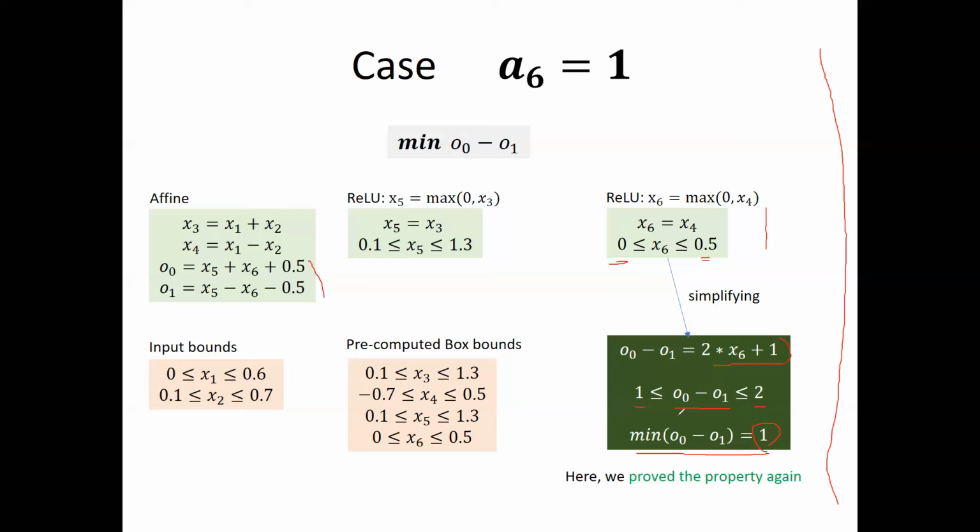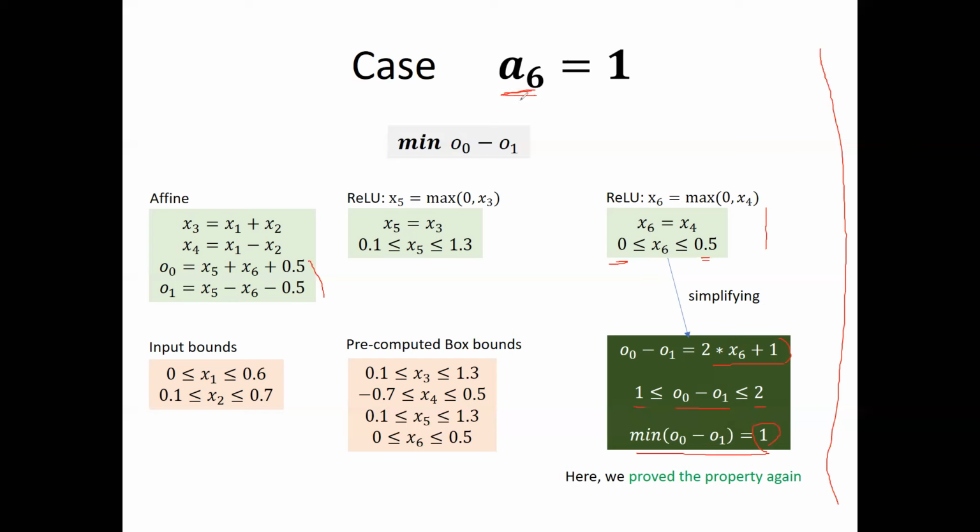And we used the box bounds to generate fewer linear programming instances. In the case where A5 is 0, we didn't proceed further because this is unsat no matter what we do with A6. And when A5 is equal to 1, we can get rid of the integer variable, because it's just going to be 1 there, there's no more branching going on after this, and then just consider the values for A6.